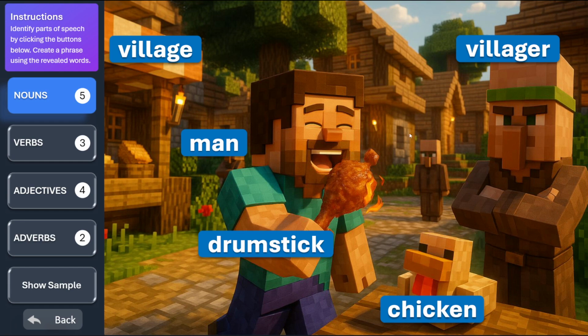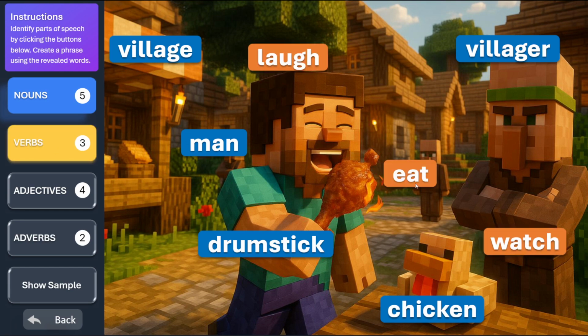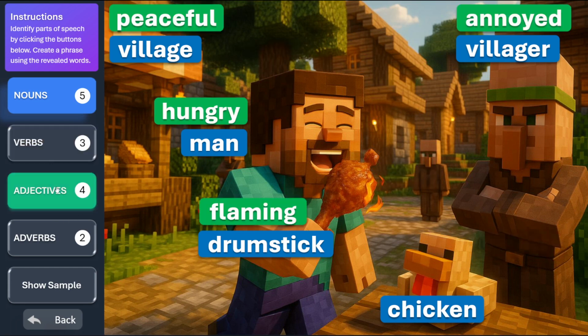It's kind of like a Minecraft theme. And the verbs would be laugh, eat, and watch. I can stop right there and say, there's a man eating a drumstick, laughing, while a villager and a chicken watch him.